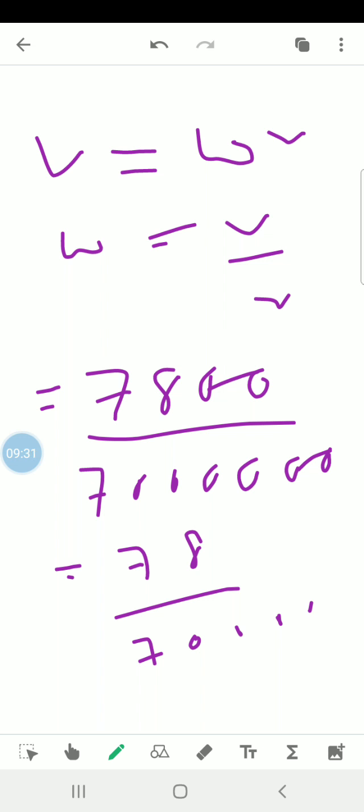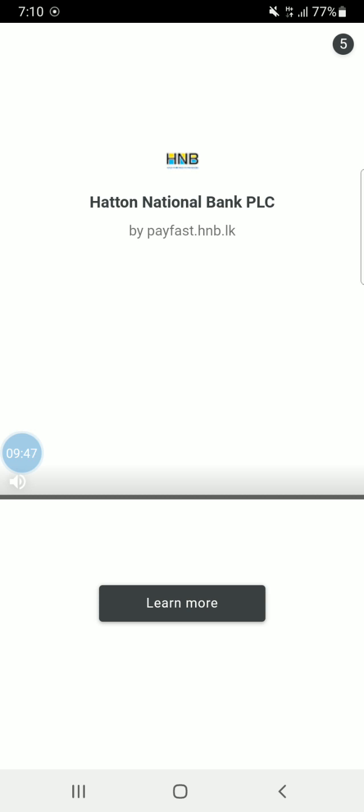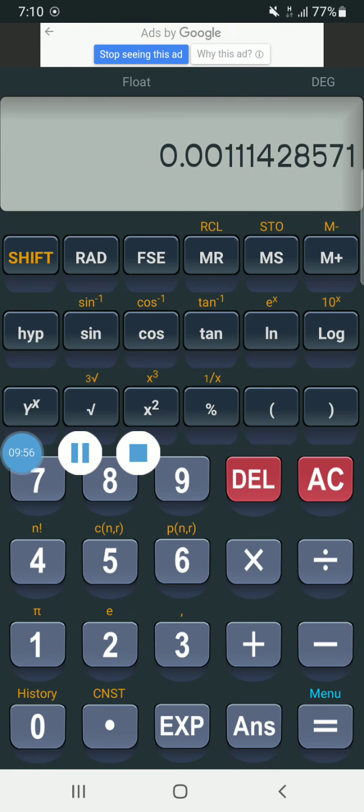You do the calculation, then we'll do it. 78 divided by 70,000. When you divide 78 by 70,000, you get 0.0011, you can write it as 1.1 into 10 to the power minus 3.